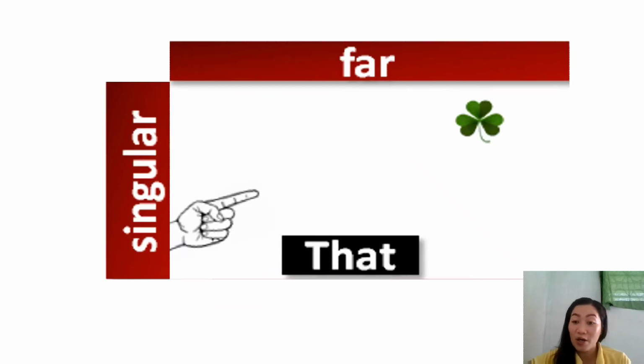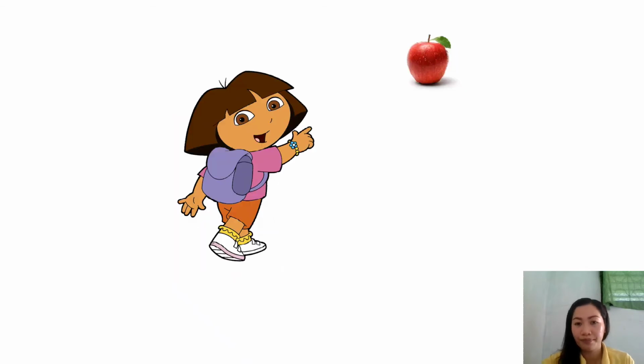We have also that. Okay? That is still singular, but you are referring to a thing very far from you, away from you. We use that. Again, singular, but it's far from you. Let's have this one.